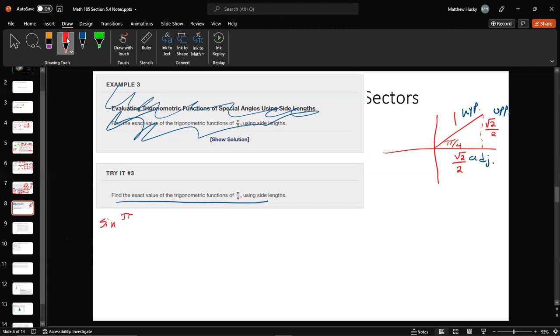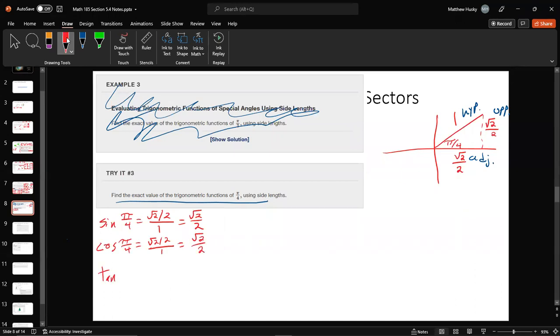So sine of pi over 4 is going to be root 2 over 2. Root 2 over 2 divided by 1 is just root 2 over 2, because as we mentioned earlier, dividing by 1 isn't terribly exciting because it doesn't do anything. Meanwhile, the cosine of pi over 4, fun fact, since the opposite and the adjacent are the same, is going to look exactly like sine: root 2 over 2 divided by 1, you still get root 2 over 2.